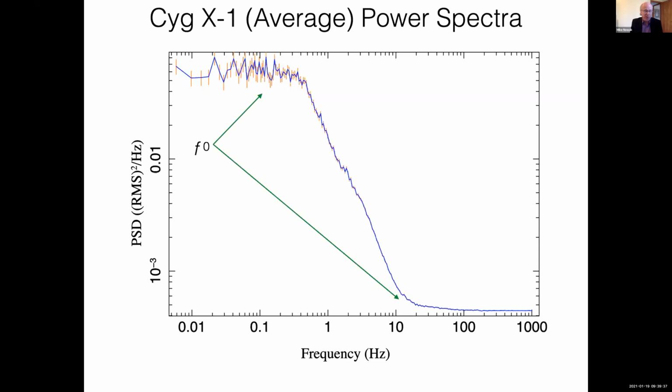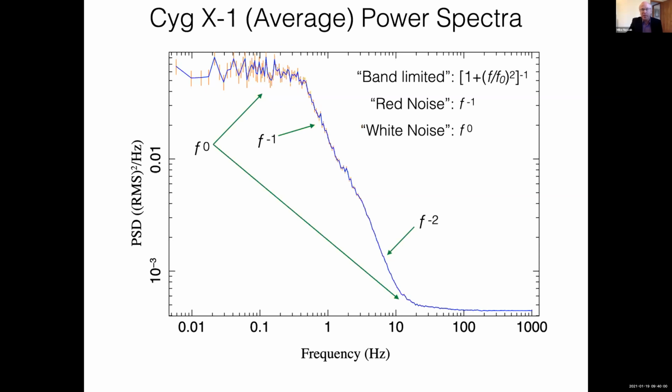The flat part at low frequency is part of the variability process of Cygnus X1 itself. The flat part at high frequency is the Poisson noise of our measurement errors coming in. In the middle, we've got a part that's roughly going as 1 over frequency. And towards the end, we've got a part that's going as 1 over frequency squared.